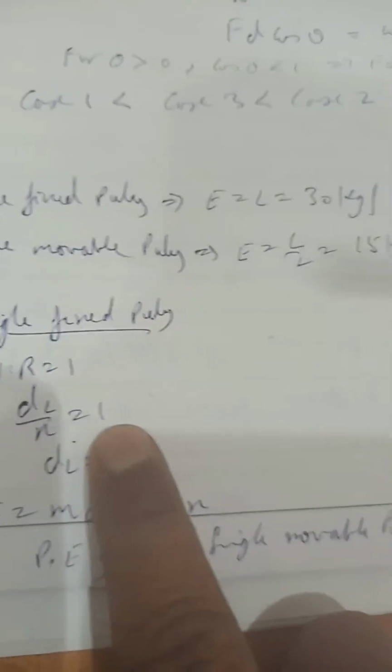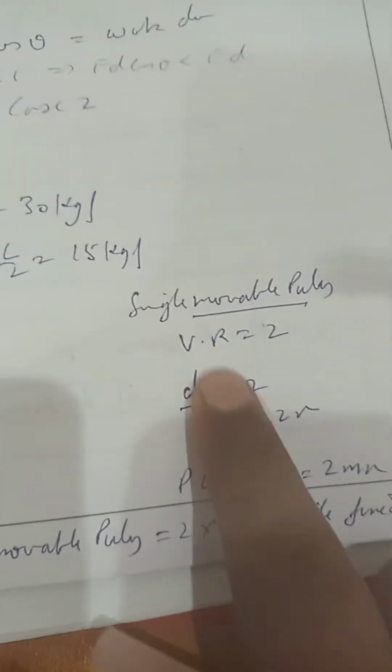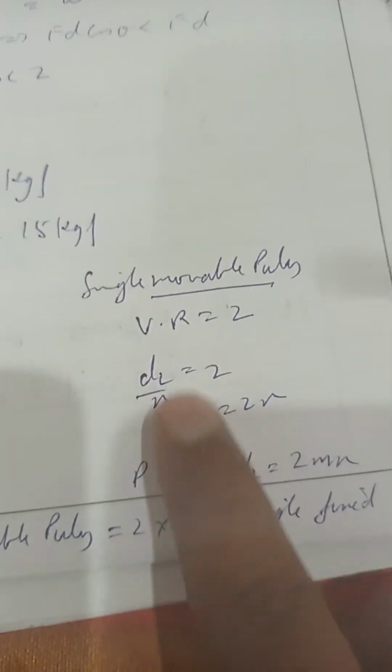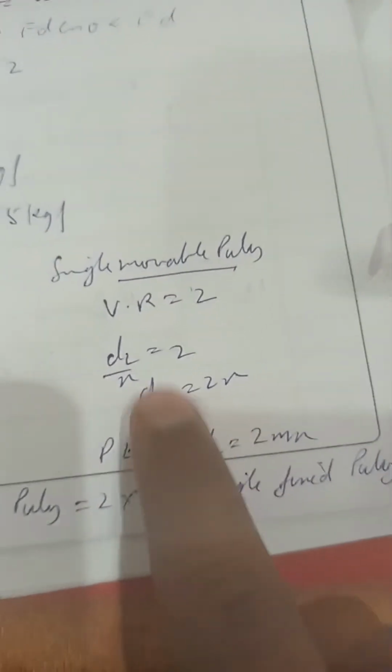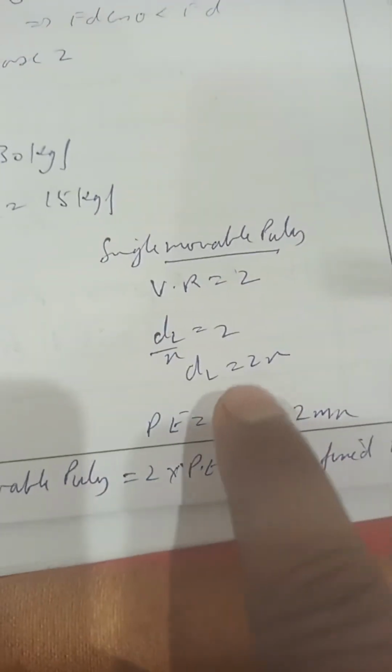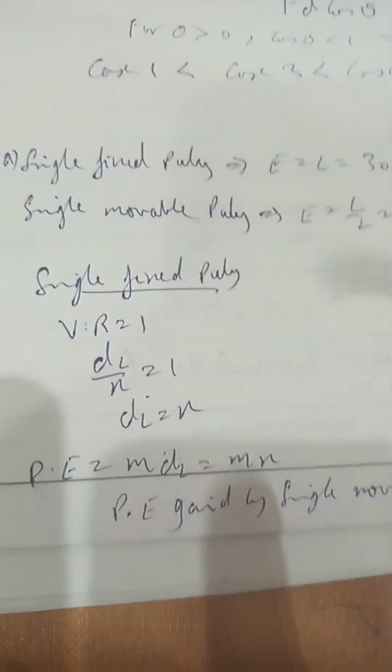dL upon x equals 1 in the fixed pulley, and in case of single movable pulley, dL upon x equals 2. So from the first one we get dL equals x, and in single movable pulley dL equals 2x. Means distance travelled in single movable pulley is twice the distance travelled in single fixed pulley.